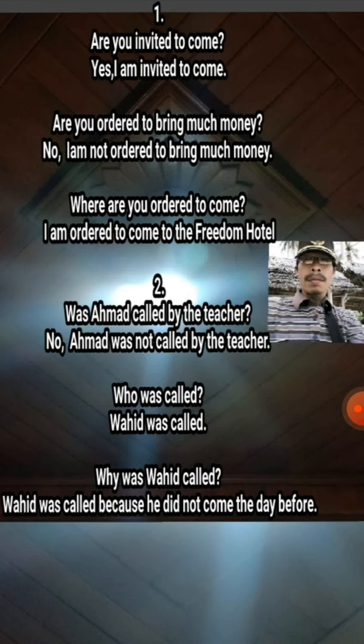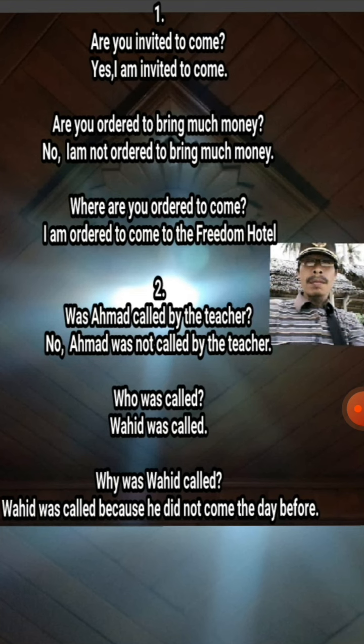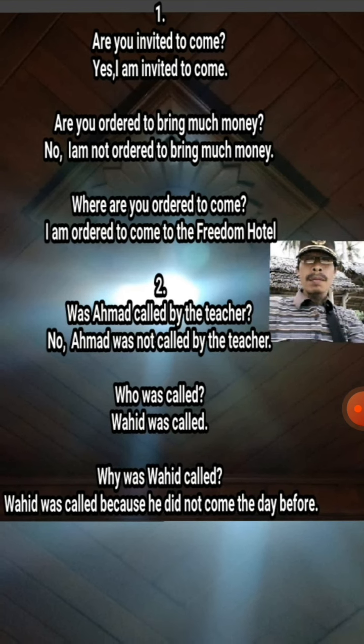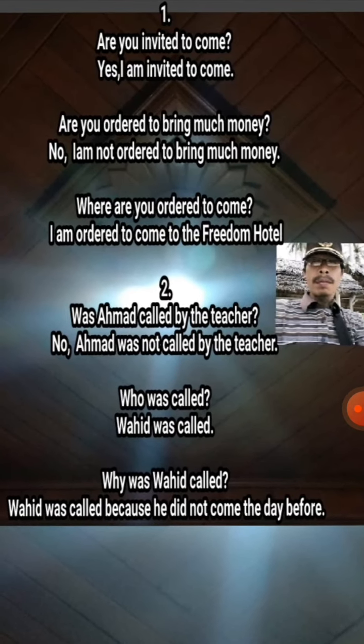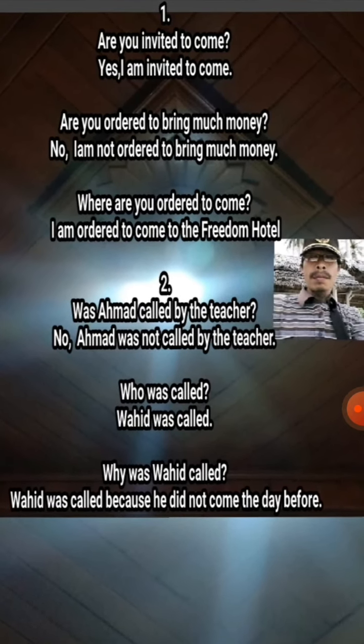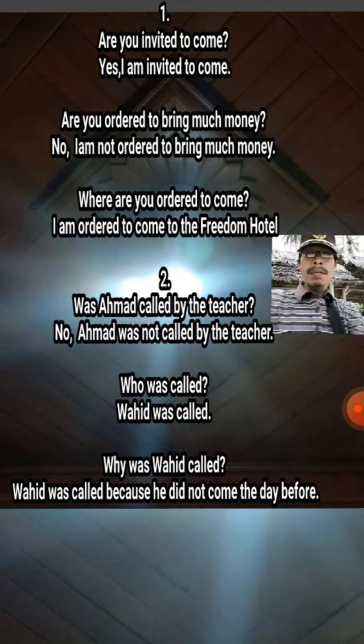Are you invited to come? Yes, I'm invited to come. Yes, I'm invited to come is in the form of affirmative or positive passive voice. And then the next example: are you ordered to bring much money?